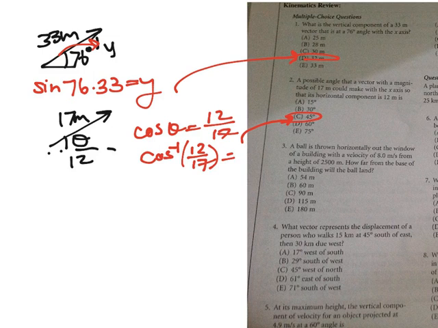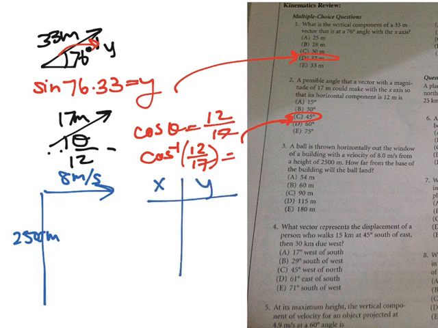Alright, 3. A ball is thrown horizontally out of a building at 8 meters per second. The building is a height of 250 meters. So remember, you have two problems. You have an x and a y direction problem. X, the initial velocity is 8 meters per second.